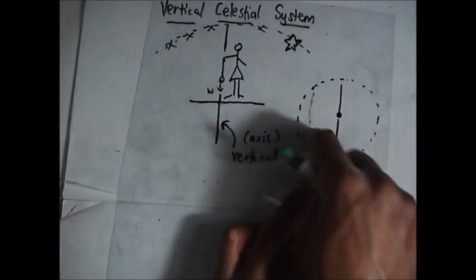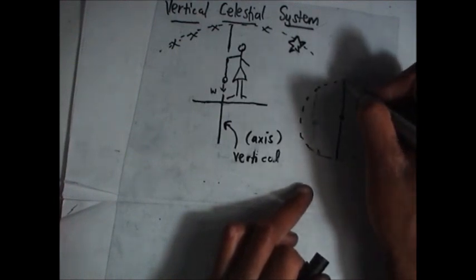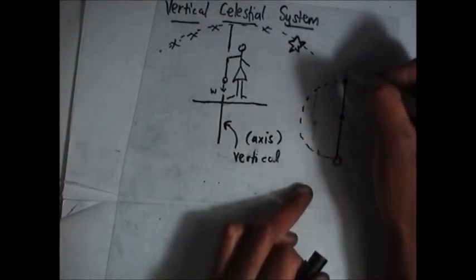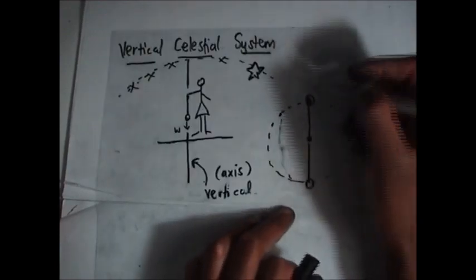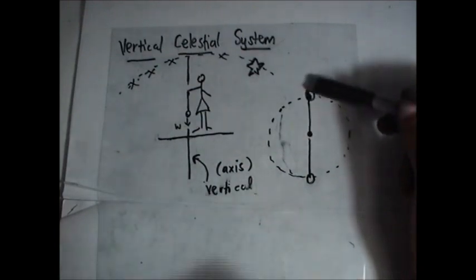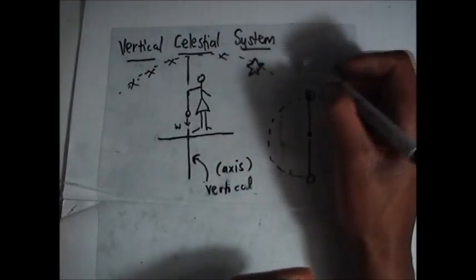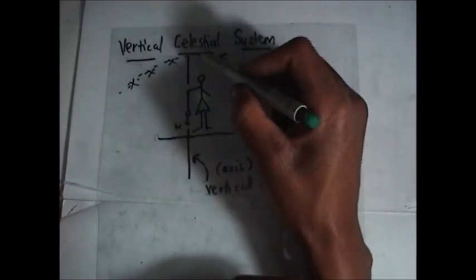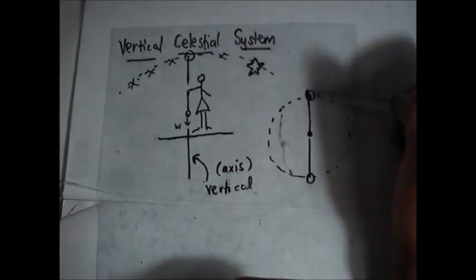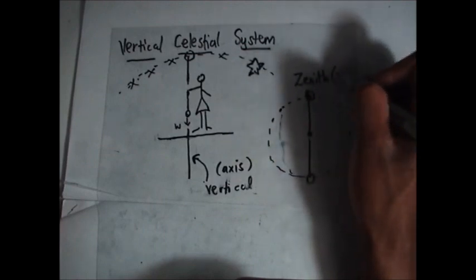If that is the celestial sphere, then this axis that I've created cuts the celestial sphere at 2 points, this point and this point. And since this is the axis, they are sort of poles. They are not exactly poles, but they are given special names. The one on top of the observer is called the zenith.